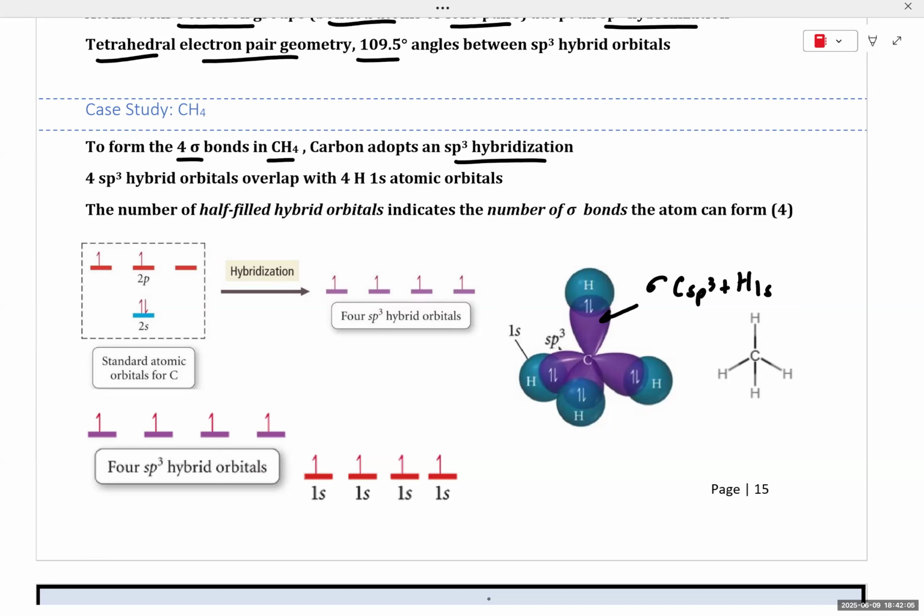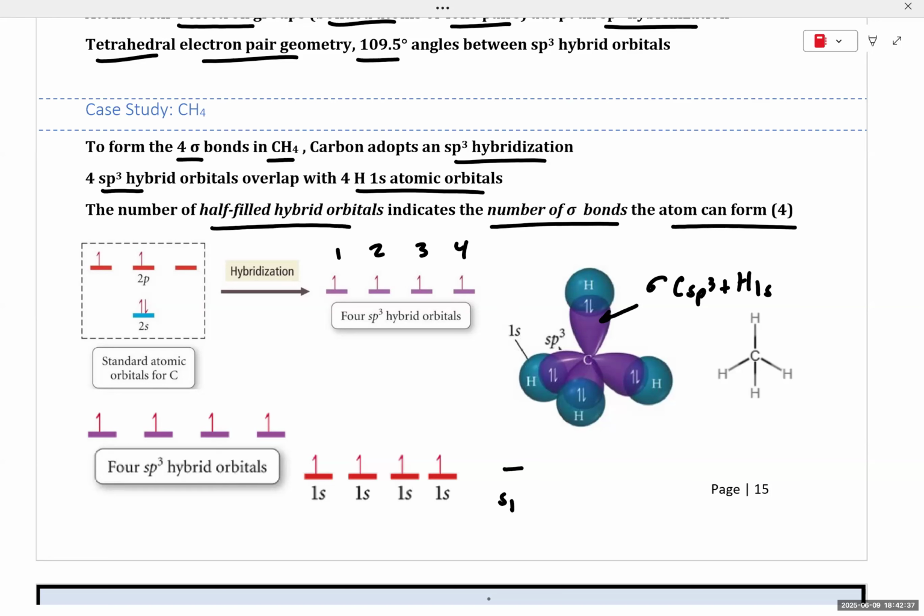One thing I'd like you to keep in mind is because we're forming 4 carbon-hydrogen bonds, we are overlapping 4 times a sp3 hybrid orbital and a hydrogen 1s atomic orbital. As a general rule of thumb, the number of half-filled hybrid orbitals indicates the number of sigma bonds the atom can form, in this case 4. 1, 2, 3, 4 half-filled orbitals, we can form 4 sigma bonds.